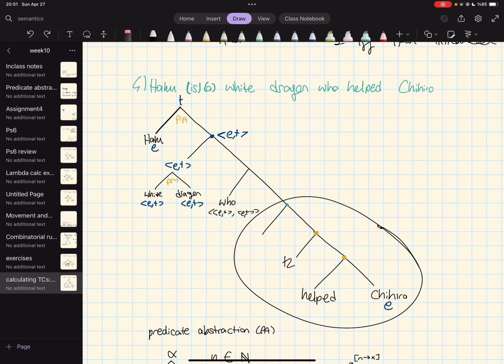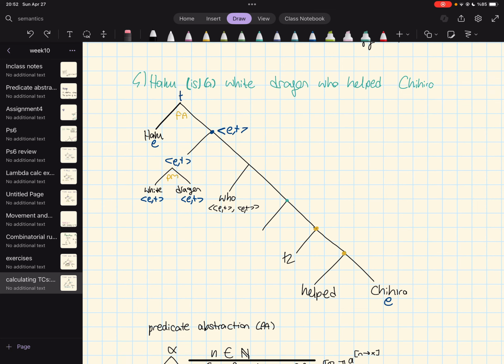It's serving a grammatical purpose, but it also is a function because it does have a semantic function as well. Not only semantic, but also syntactic resolution had to be done. So this is its type. Who would have to be of type ET?